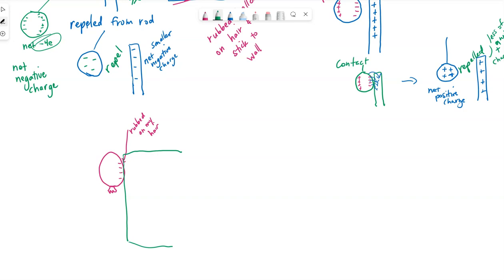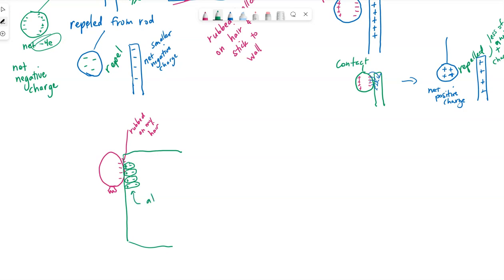So what happens is the actual individual atoms, some of the valence electrons in these atoms, move to the far side of the atoms, leaving the left side of the atom positively charged.